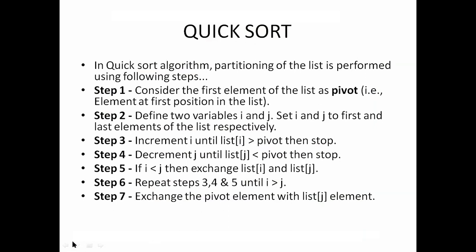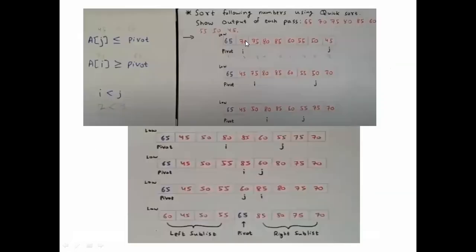If 70 is bigger than 65, and 75 is bigger than 65, and 80 is bigger than 65, and 85 is bigger than 65, and 60 is smaller, then we stop here. I will stop at 60.